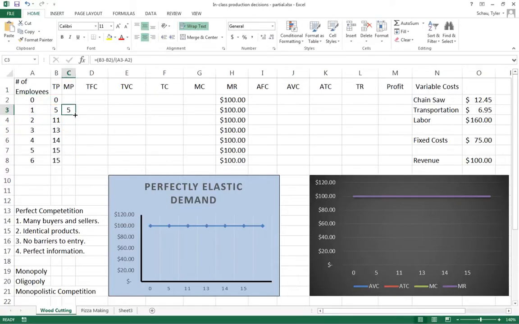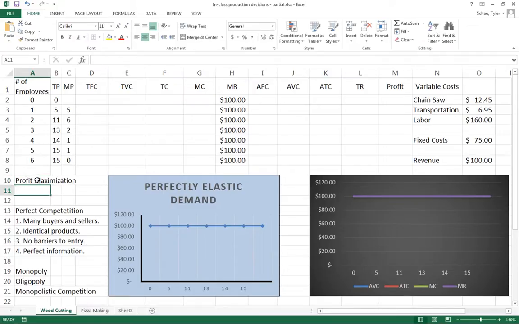And then we add the second employee and we get a marginal product of 6, because it increased from 5 cords of firewood to 11. Add the third and we get a marginal product of 2, and then 1, and then 1, and then the last guy doesn't bring us anything. We know enough, the whole purpose of this assignment is profit maximization.